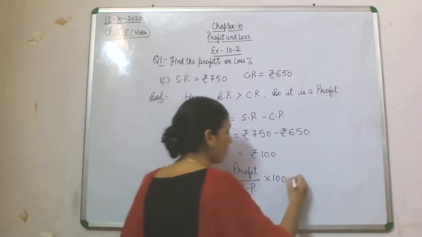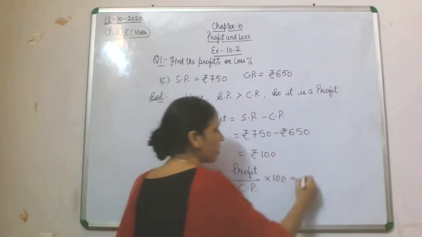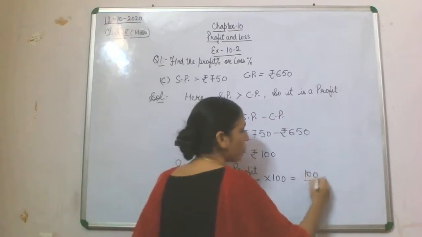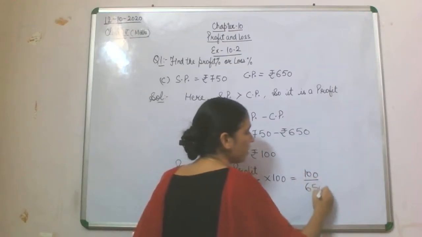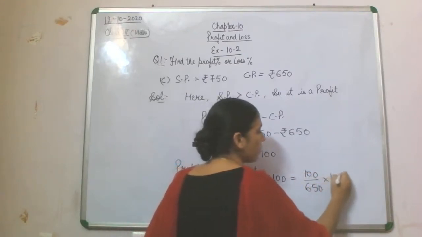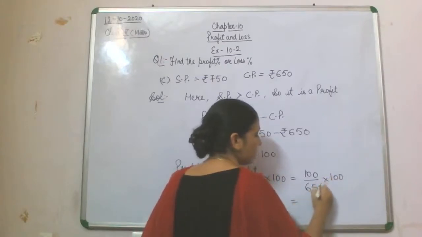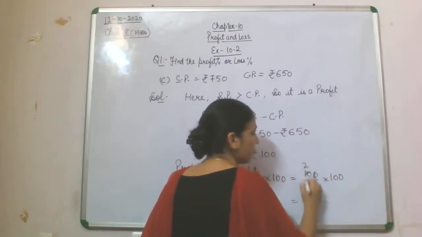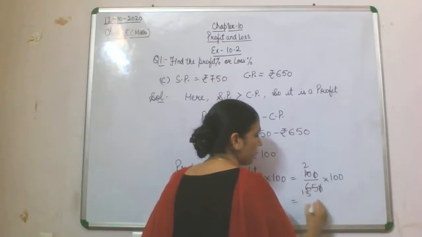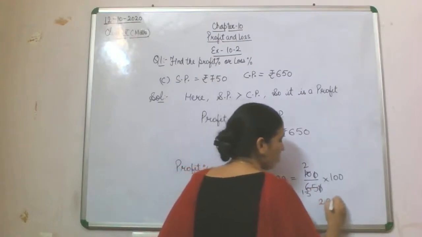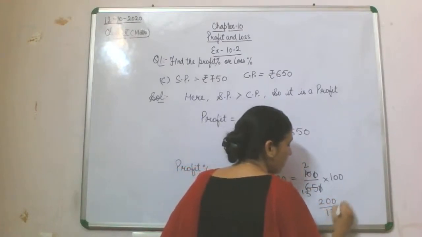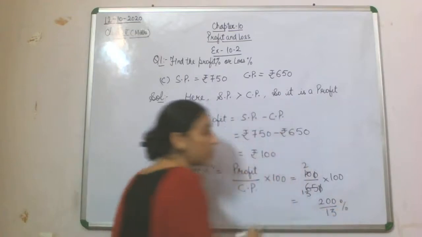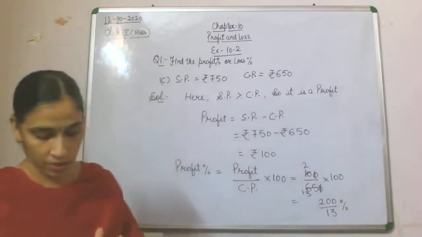So now we'll calculate this. Profit is 100 divided by cost price is 650. That will be multiplied by 100. 200 divided by 13%, or you can write it in mixed fraction.